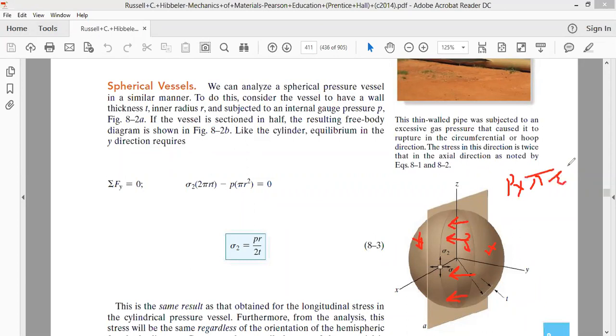Pressure into area is equal to force. This is the force exerted by the fluid pressure inside this sphere on this portion, in the negative y direction. That's why this is minus. Now what will happen? This sphere will have some thickness.